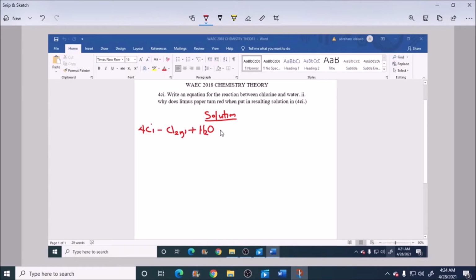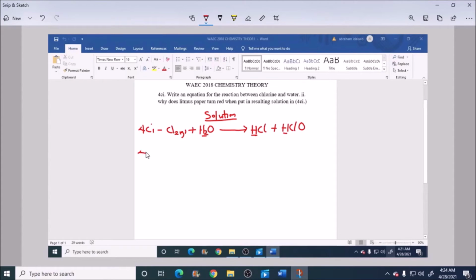Then we are going to have our products formed to be HCl plus HClO. Then we count the number of hydrogens we have here, which is 2. Then also the number of hydrogens here is 1 and 1, making 2. Then we have 2 chlorines also. So the equation has been balanced. So we have HCl and HClO as the products formed when we react chlorine with water.